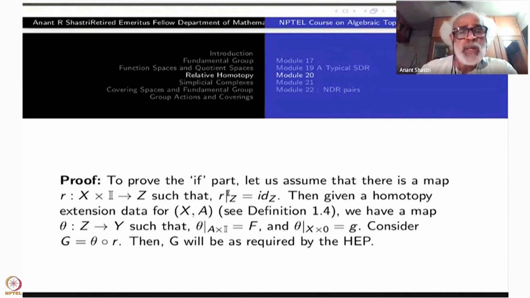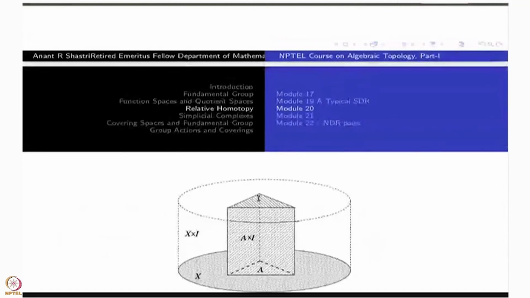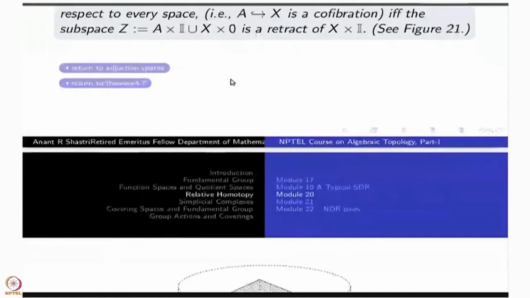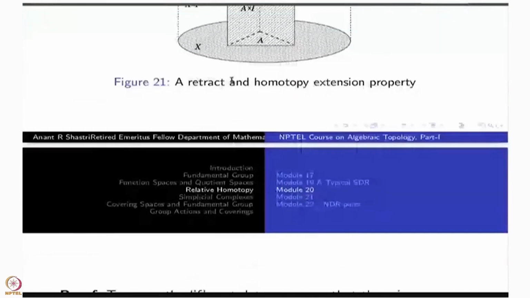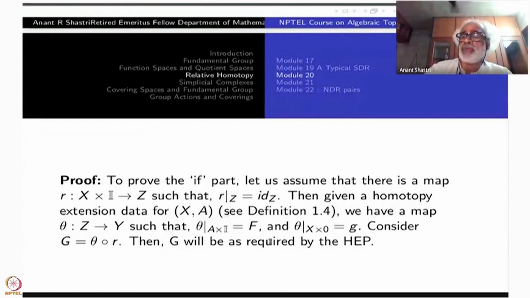Retract means that restricted to Z, it's the identity. It's a continuous function from the whole space to the subspace Z. What is Z? I have introduced this notation, namely A cross I union X cross 0. Okay, suppose there is a retraction. All right. Now, suppose there is a homotopy extension data as in Definition 1.4. What does this mean?